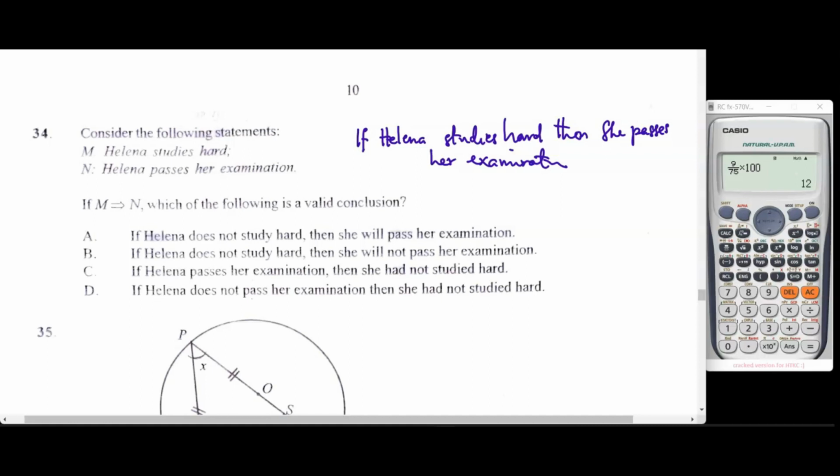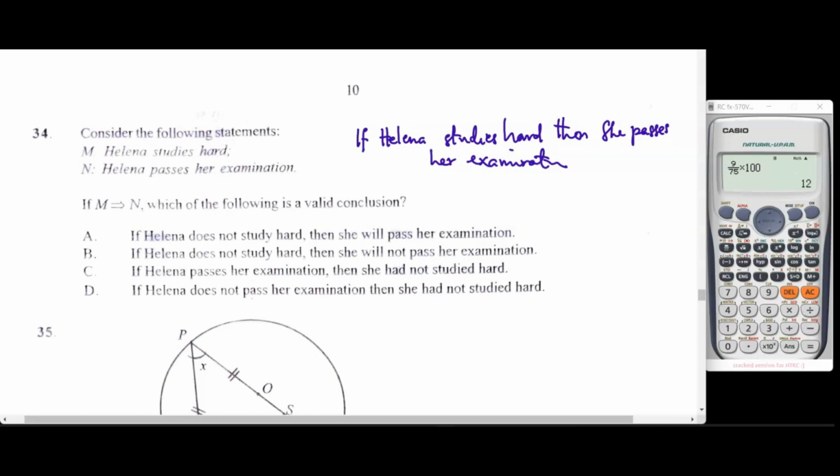This is an implication statement from logical reasoning. Now, we have a negative statement here. If Helena does not pass her examination, then she had not studied hard. So if the antecedent and the consequent are negated, in terms of implication, the only time the statement is valid is when the first statement is true and the second statement is also true.